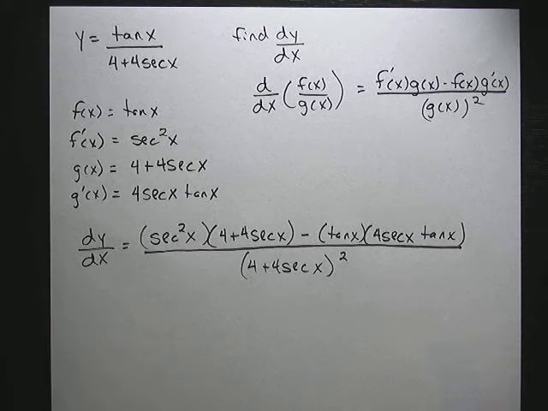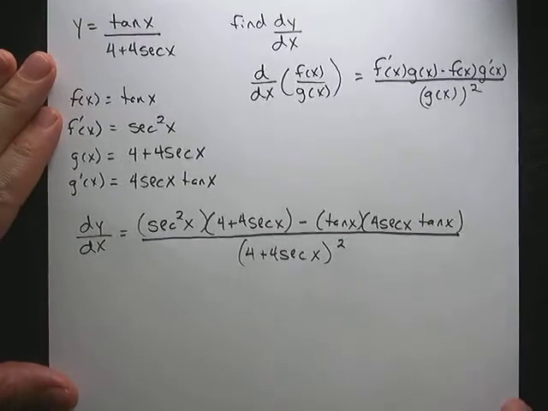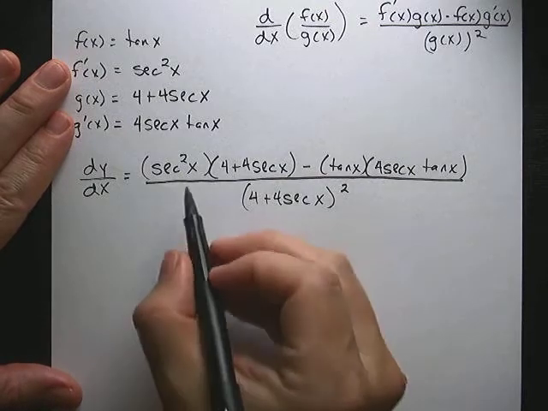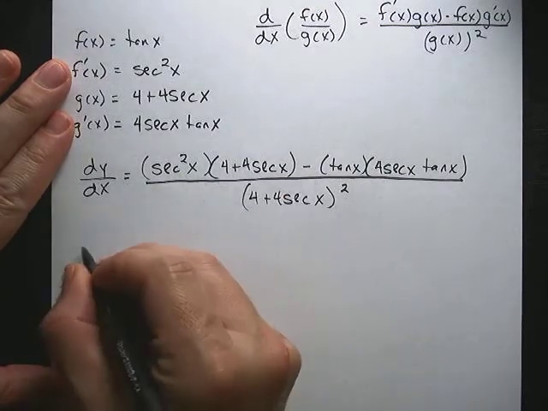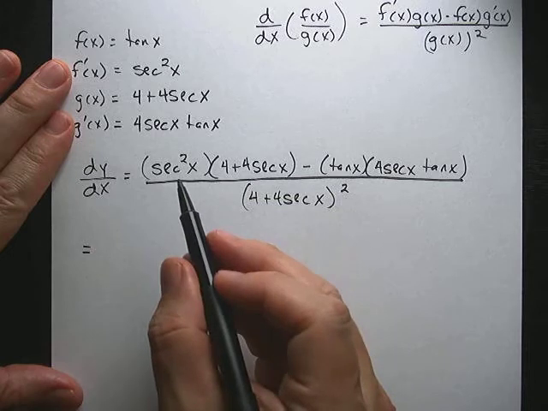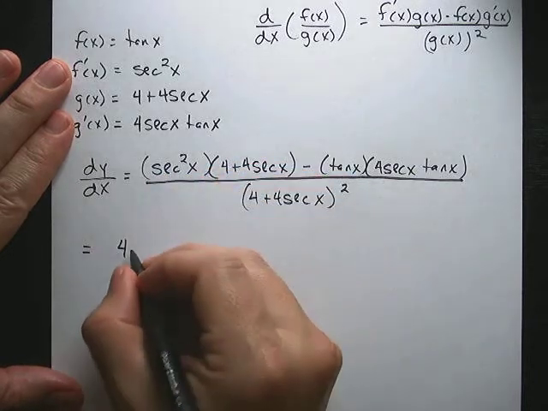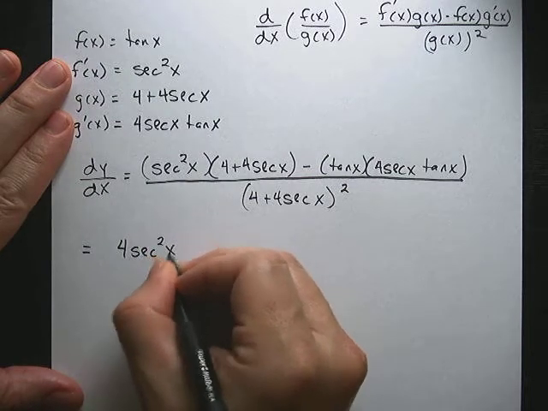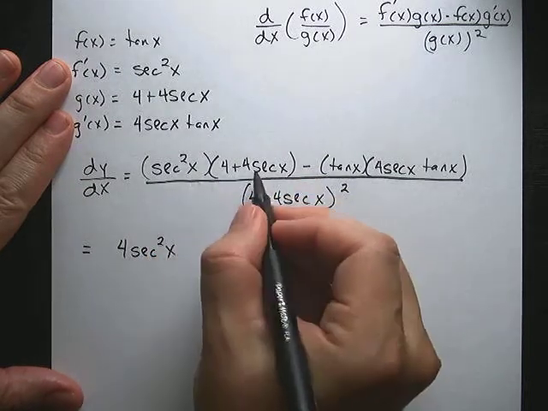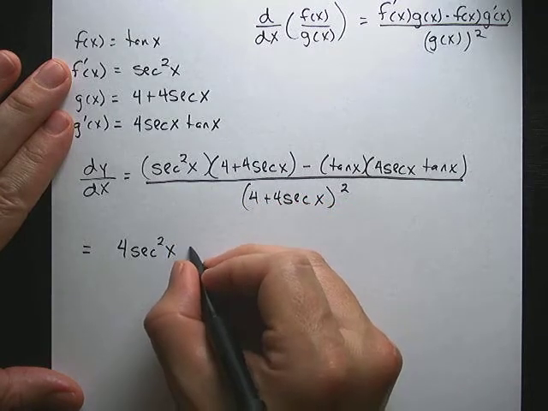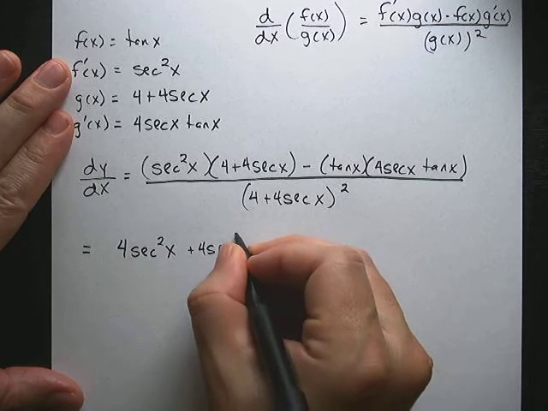When you take derivatives like this, especially when you're dealing with quotient, product, and chain rule, you need to clean it up afterwards. You're expected to simplify it as much as you can before you submit your final answer. So let's start multiplying through and see if we can reduce anything. Secant squared x times 4 is 4 secant squared x. Then secant squared x times 4 secant x is plus 4 secant cubed x.